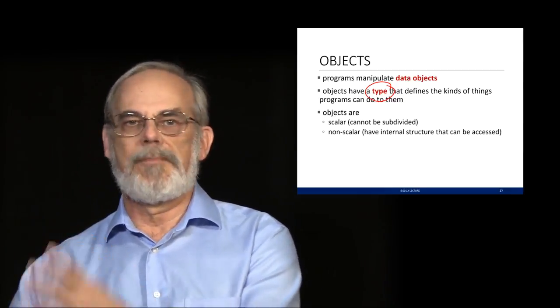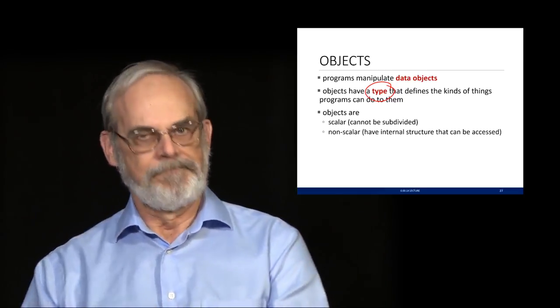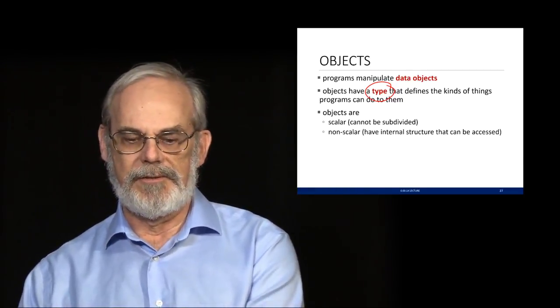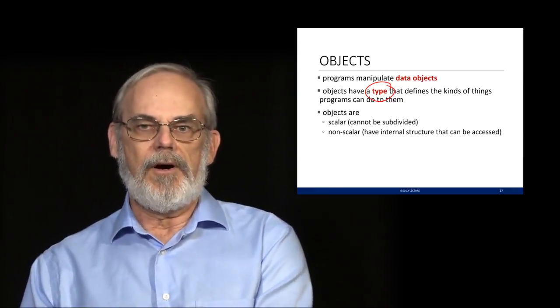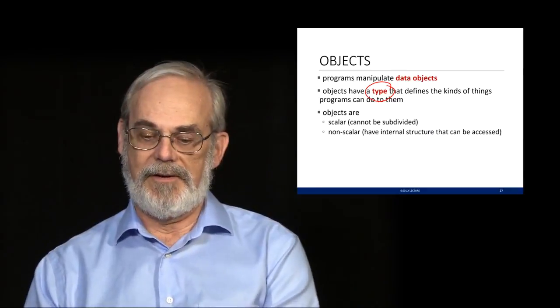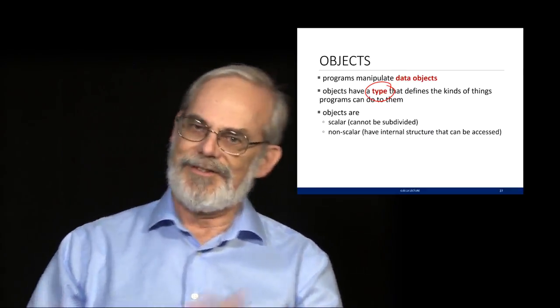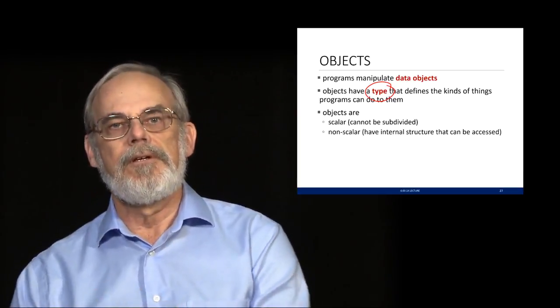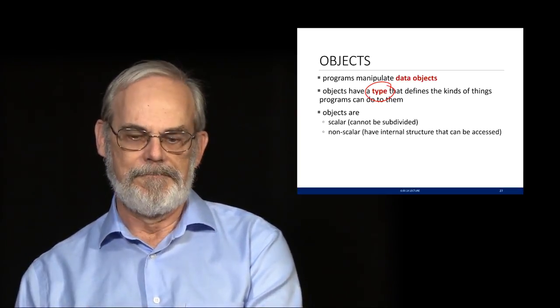If a program is expecting a number and I give it a string, it's not going to try and do something with it. So the type of the object is really valuable. Finally, objects come either as scalars, which says they can't be subdivided, or non-scalars, which are things that have internal structure into which we can pull out parts.